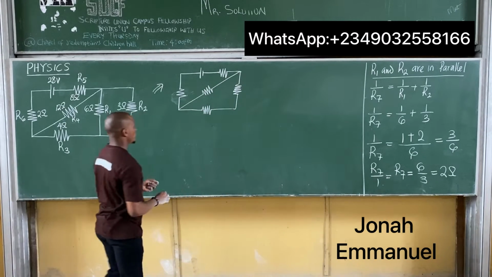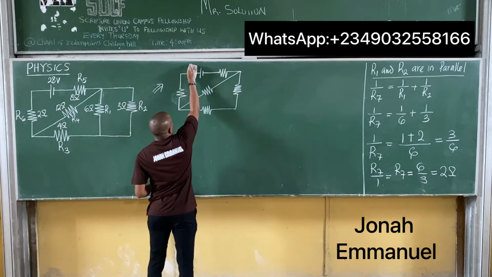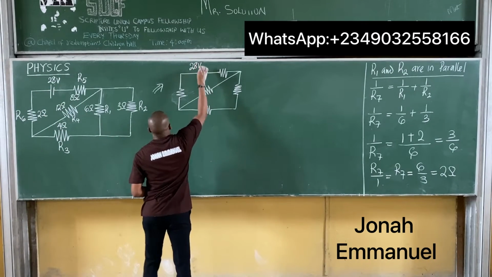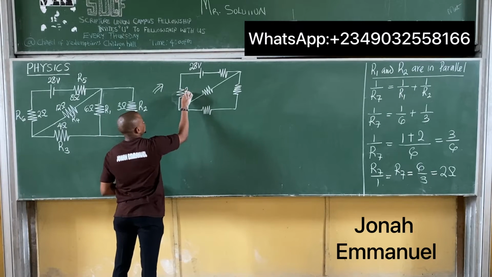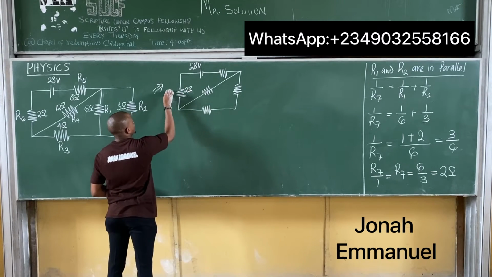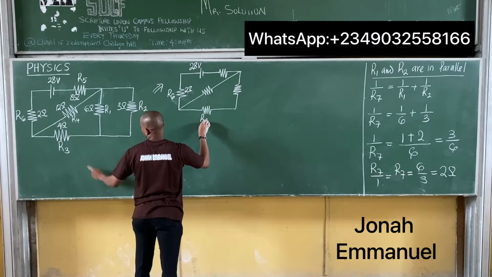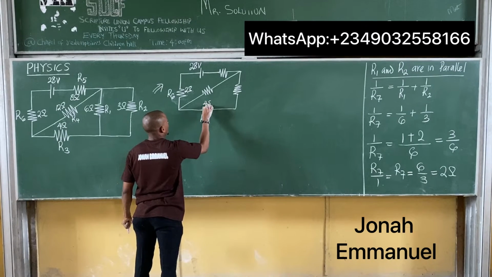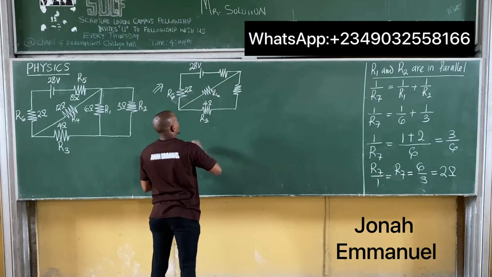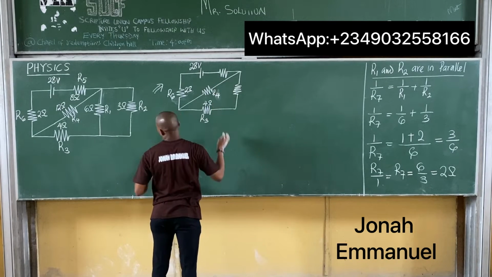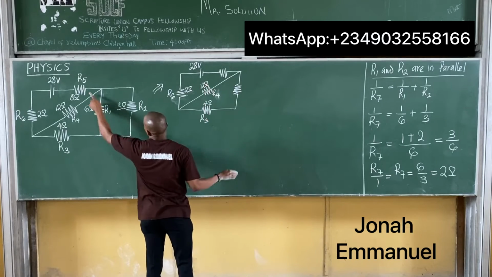Alright, so look, the same circuit here has 28 volts. Repeat it here, 28 volts. Here is R6, 2 ohms. So a 2 ohm resistor. R3 here is 4 ohms. R4 here is 12 ohms.